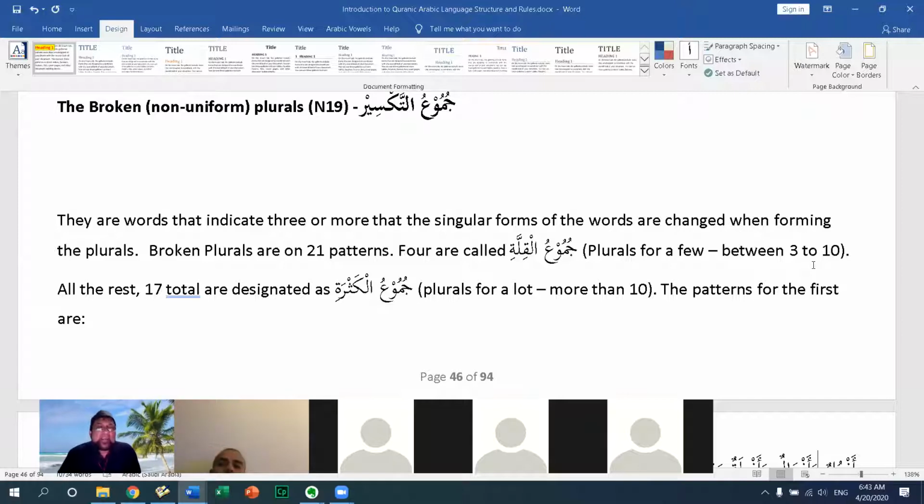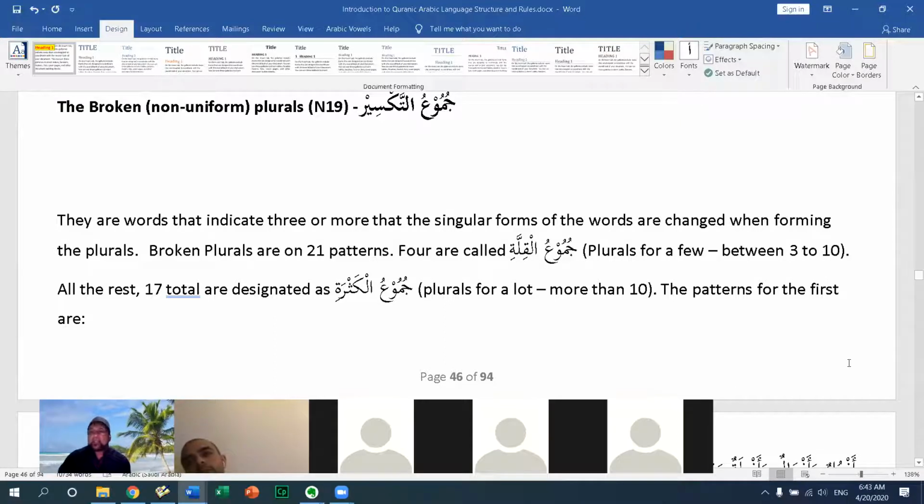But as you learn them in Quran or in Arabic language, you're going to memorize them one by one. I am listing them here for you to be aware of their existence and understand how to do i'rab of them. Not with the intention that you try to memorize 21 patterns for the broken plural.